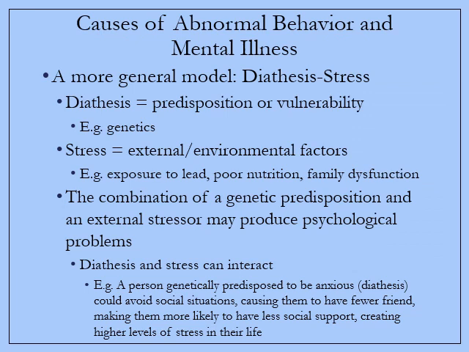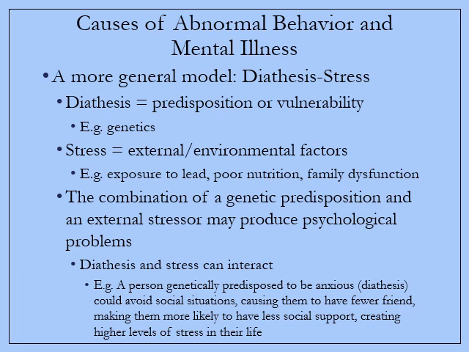Another more general model is called the diathesis stress model. It's more of an overarching, umbrella model. Diathesis is a predisposition or vulnerability. So for example, genetics would be a diathesis.